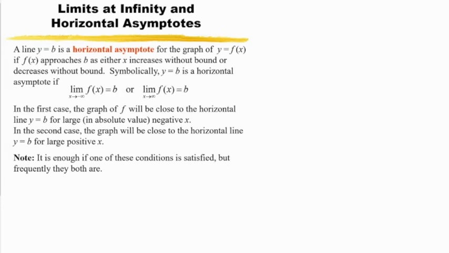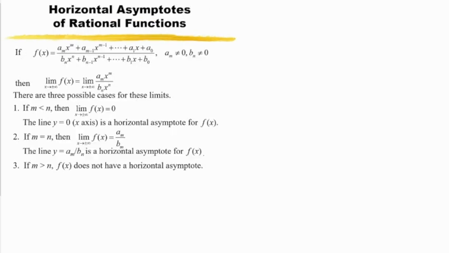Limits at infinity and horizontal asymptotes. So we saw a little bit of this on the rational function. We drew the vertical and horizontal asymptotes, and that let us discuss limits to infinity. And these are the rules that we talked about when we graphed horizontal asymptotes. If the degree of the numerator is less than the degree of the denominator, then the horizontal asymptote is at 0.